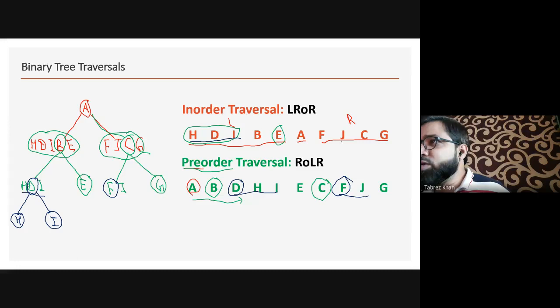Over here I can see. So J becomes the right child of F. And this completes our tree. Okay. So this is how the entire tree is drawn.